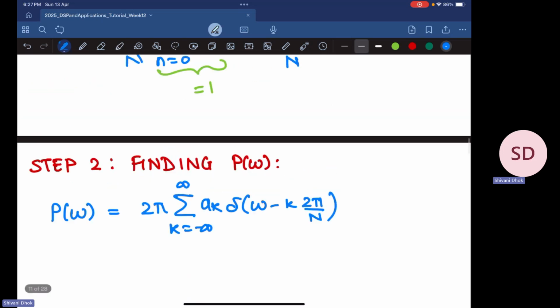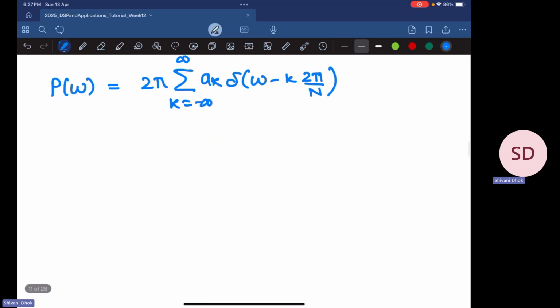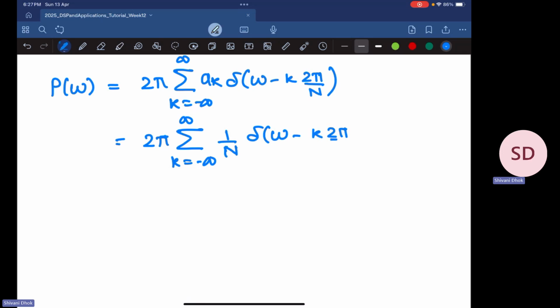We have seen that a_k's come out to be equal to 1 over N. So this is equal to 2 pi summation k equal to minus infinity to infinity 1 over N into delta of omega minus k 2 pi by N, which comes out to be equal to 2 pi by N summation k running from minus infinity to infinity delta of omega minus k times 2 pi by N.